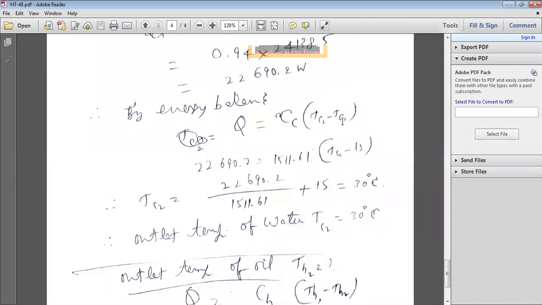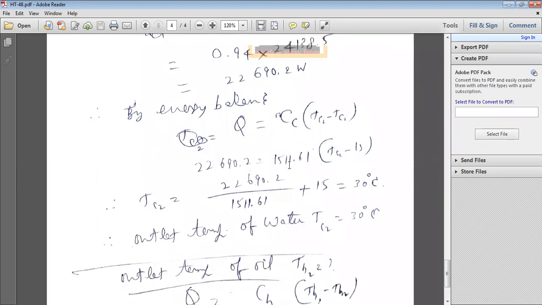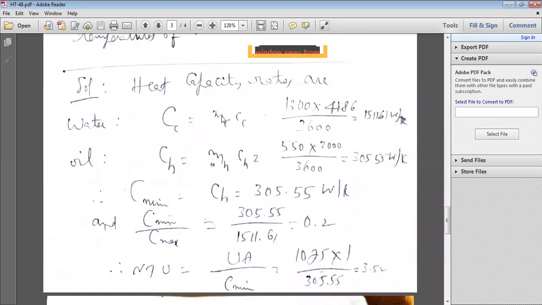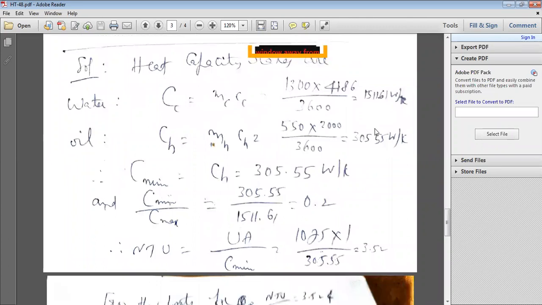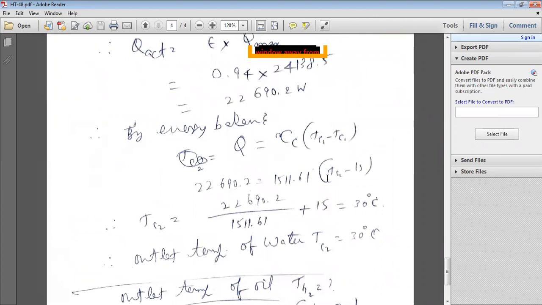So TC2 minus TC1. That's why Q value 22,690.2 is equal to the heat capacity of the cold fluid, CC, 1511.1 into TC2 minus 15.